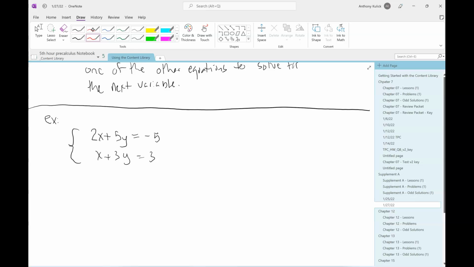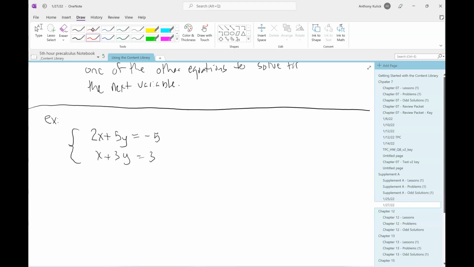So my first step is to choose an equation and choose a variable to get by itself. Now, what we choose here doesn't really matter, but we can make our life easier by choosing wisely, in this case at least. Which equation and which variable would I choose if I wanted to make my life as easy as possible?